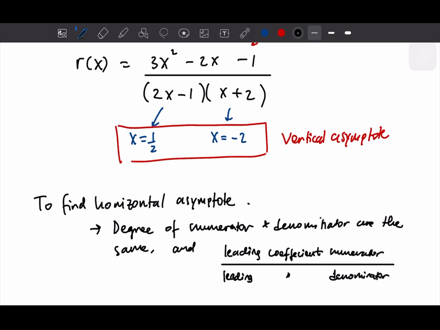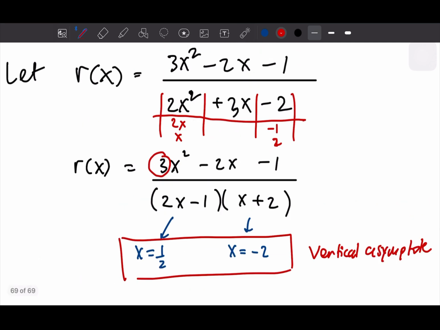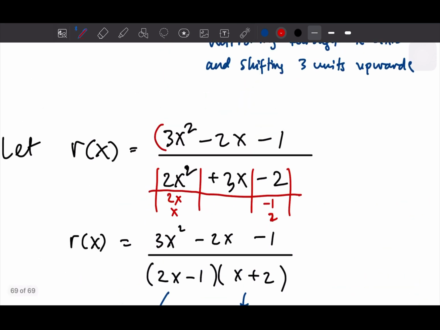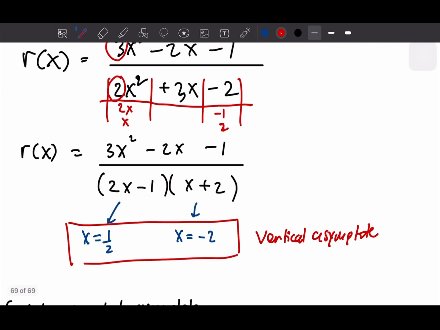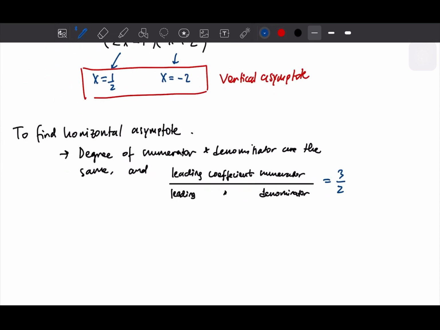So we are going to look at the coefficients. So 3 and 2, so this will be equal to 3 over 2. So we get that y equal 3 over 2 will be the horizontal asymptote. This is the theorem for the horizontal one.